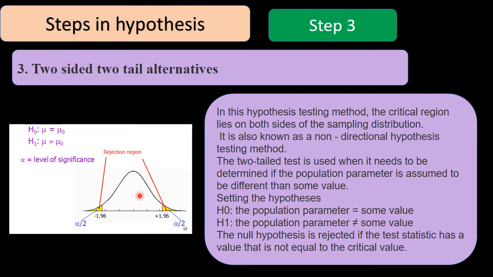Here we are going to check the alternative hypothesis that the population parameter is not equal to the given value. This is called the two-sided, two-tail alternative.